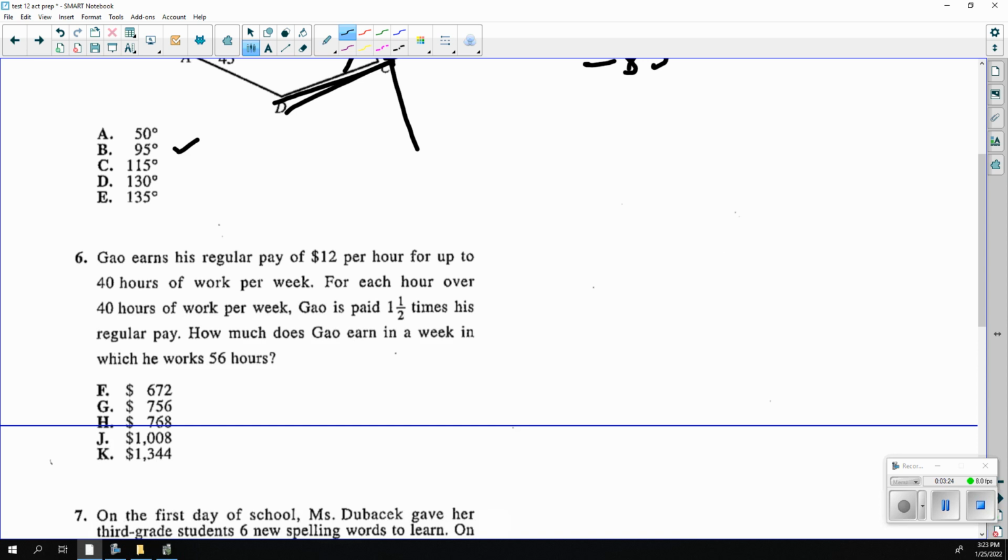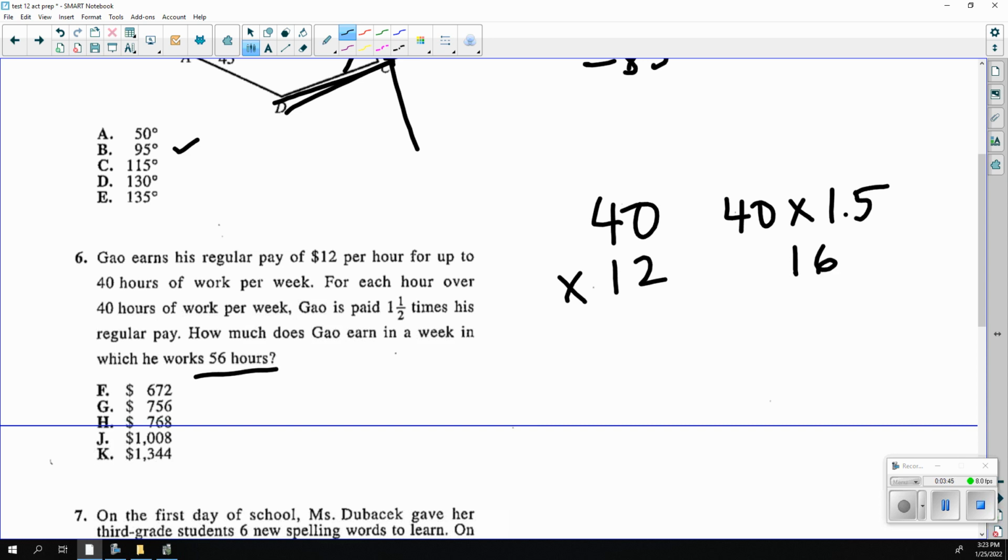They love this hourly rate, so you make $12 an hour for 40 hours, but each hour after that, you go overtime. So you make 40 times 1.5. Now, how many hours overtime do you work is 16. So you would times these up and add them up.